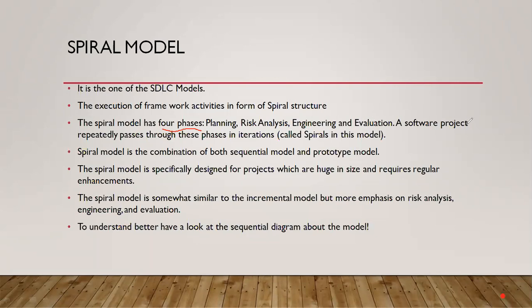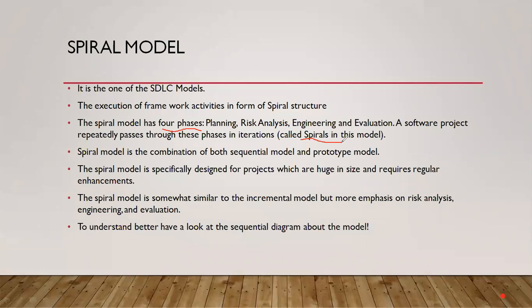And a software project repeatedly passes through these phases in iterations called spirals in the model. What is it called? Spirals in the model. So whatever phases we have in this model, those phases are executed repeatedly.